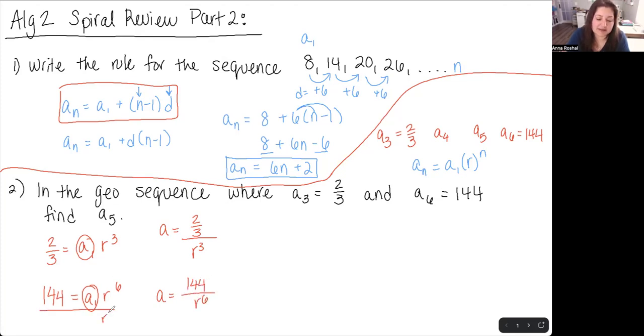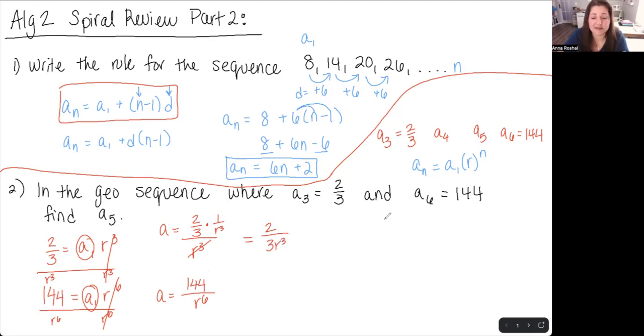All I'm doing is dividing on both sides by the same thing to cross this out and cross this out. Okay, beautiful. I can then go in and change this up a little bit. So when I divide with fractions, I'm going to multiply by the reciprocal. So in order to move this up, I'm going to multiply by 1 over r to the 3rd. So really, a is equal to 2 over 3r to the 3rd.